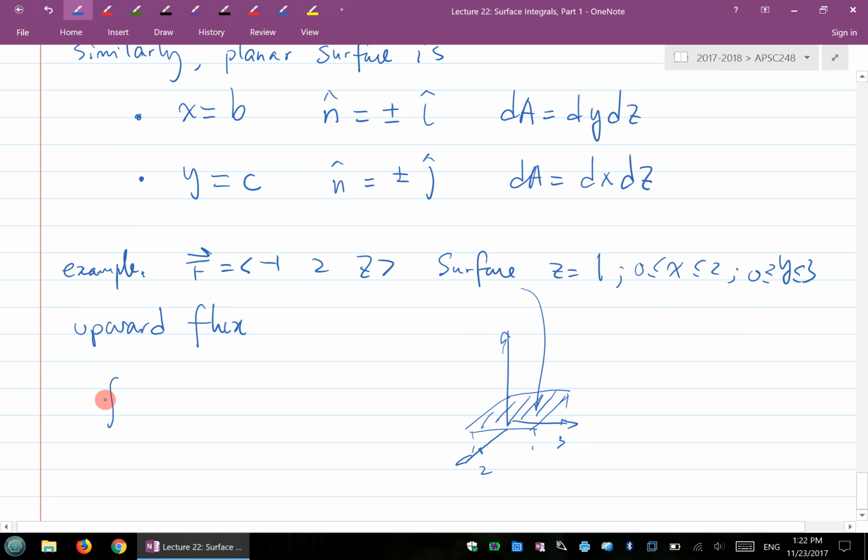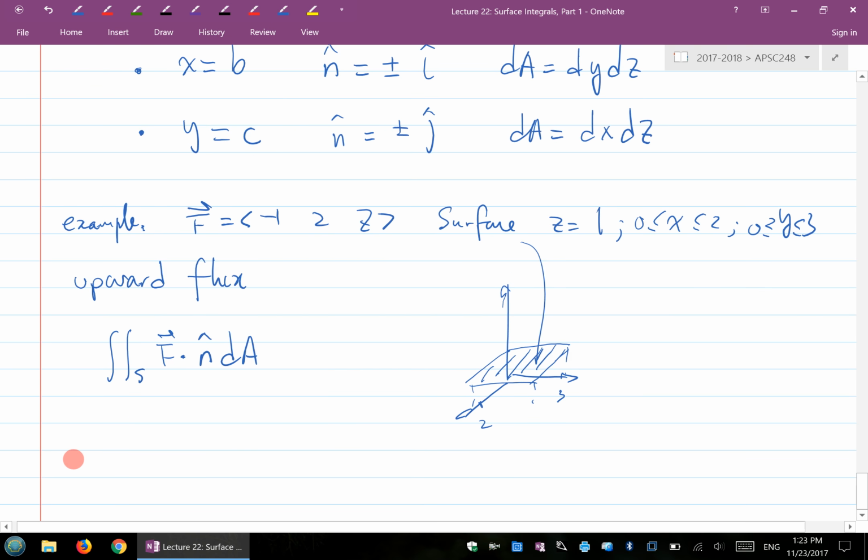We start from the formula for the surface integral, and let's put down all the known quantities. F is -1, 2, z, and one thing before we move on, what do I do with the z again? Change the z to 1.